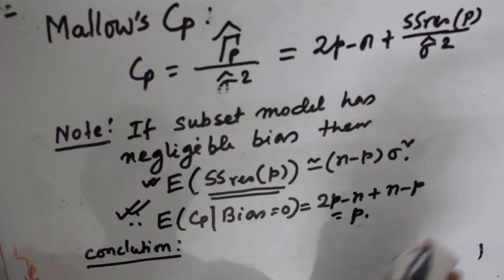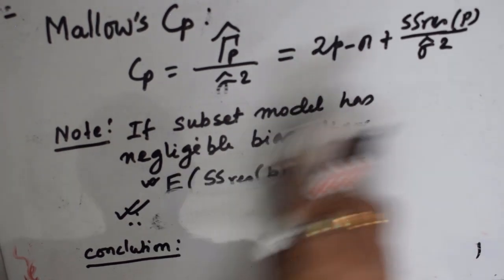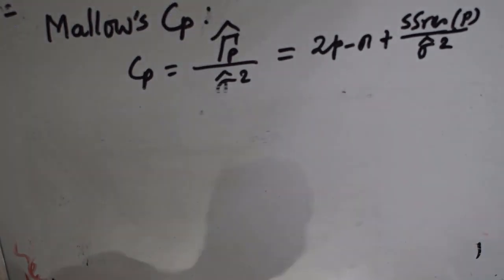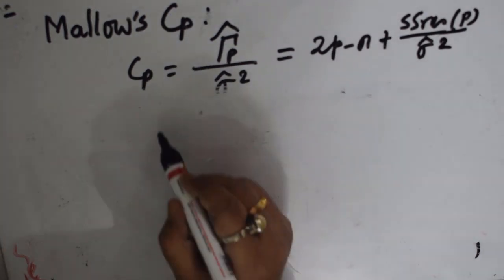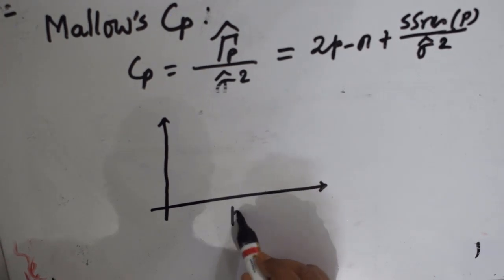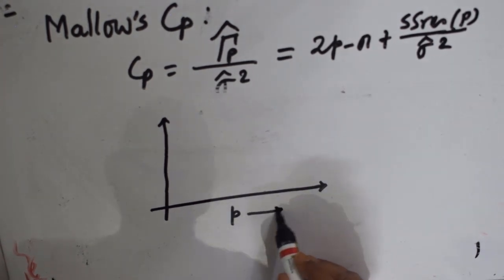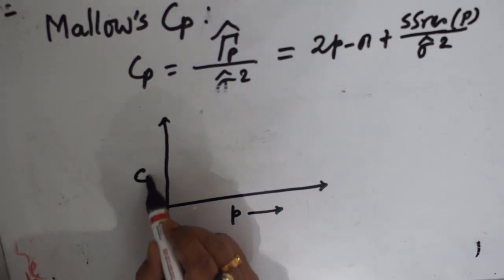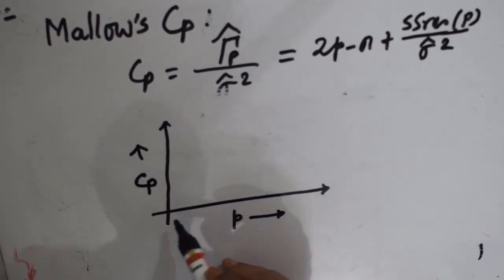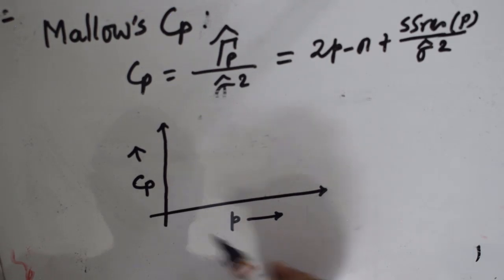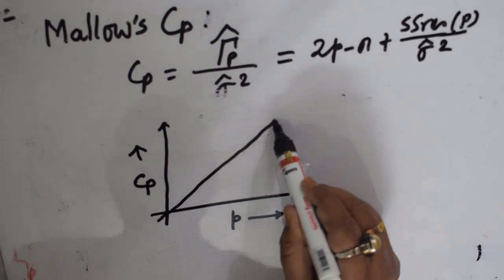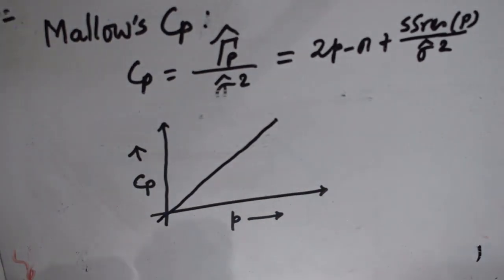So now if we draw a graph where the horizontal axis is P and the vertical axis is Cp. If there is no bias, then Cp should be equal to P, so this line passes through the origin.